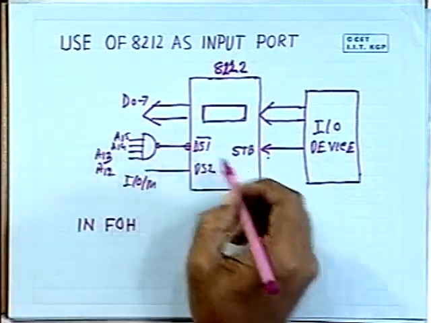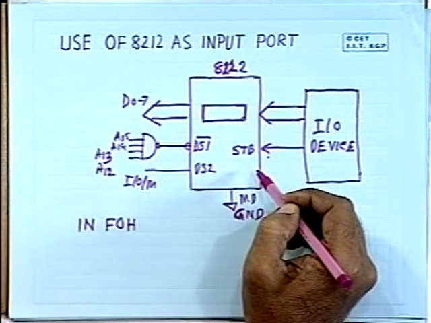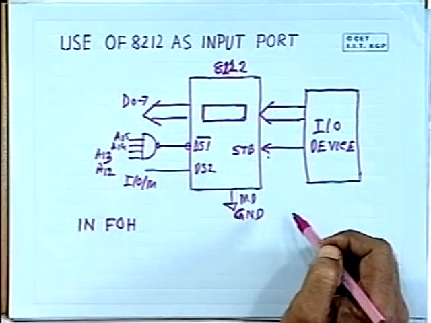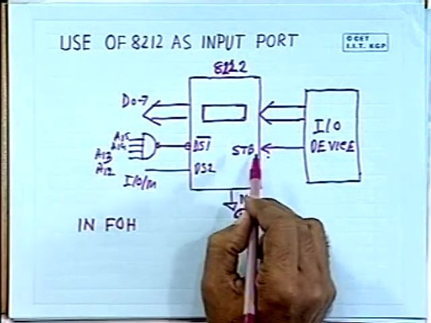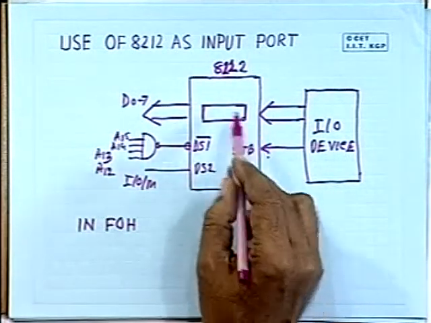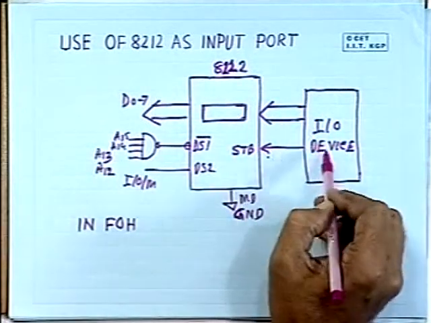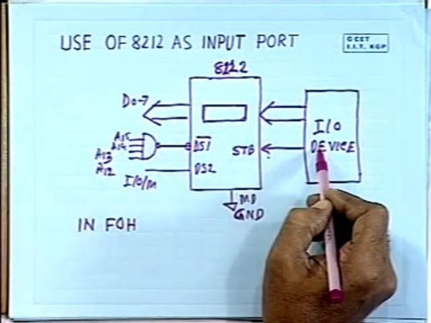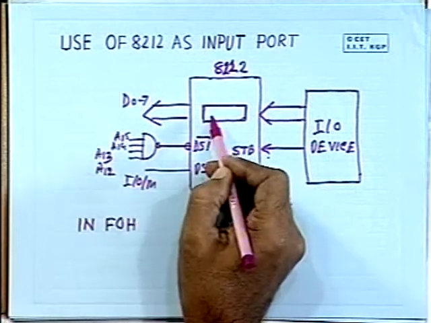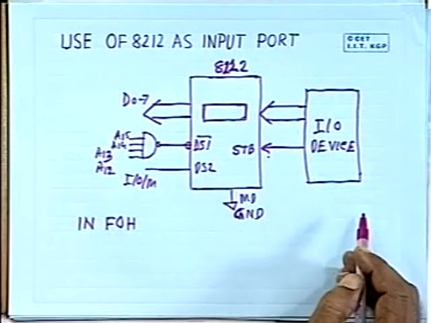So, this is how it can be used as an input port, and in this case we are using the data register as a buffer, and obviously the IO device will write according to its own timing, and the microprocessor will subsequently read it according to its own timing.